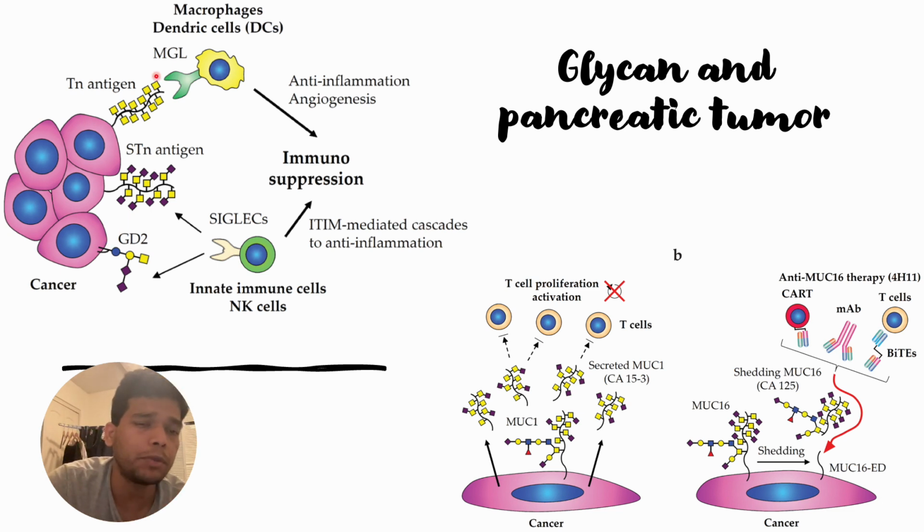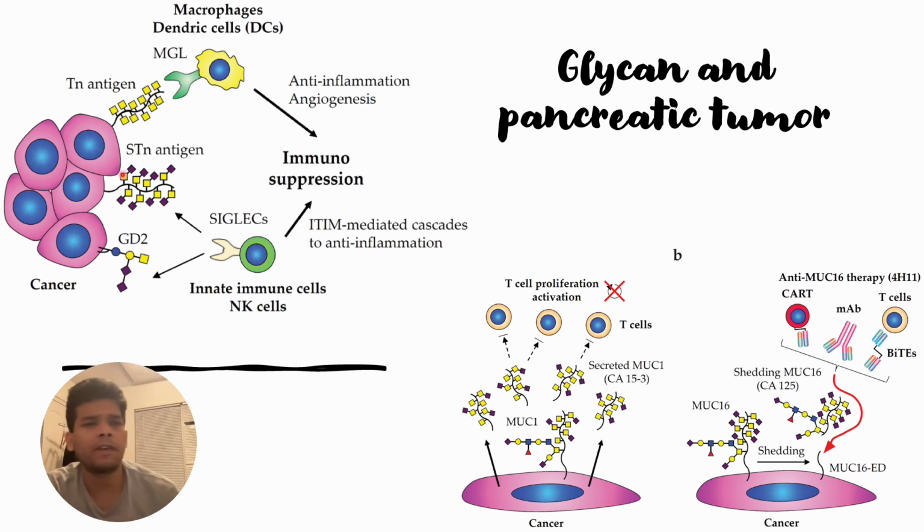So this can be used to distinguish the cancer cells from the healthy cells. In the case of the TN antigen, we can see more of the GalNAc monosaccharides, and in the case of STN we can see the GalNAc along with the sialic acid disaccharides, and in the case of GD2 we can see GalNAc, sialic acid, and galactose also.